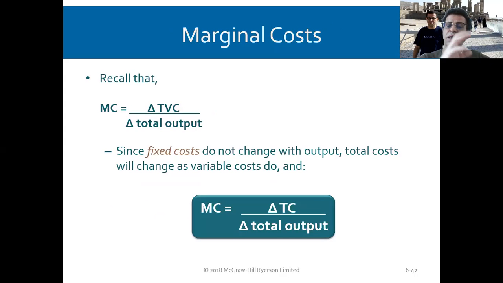Now, in the marginal cost, we said it is the change in the total variable cost when we add one more unit, over the total output. And since the fixed costs do not change with the output, the total cost will change as the variable cost does.